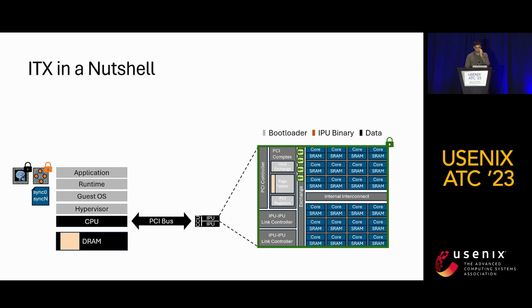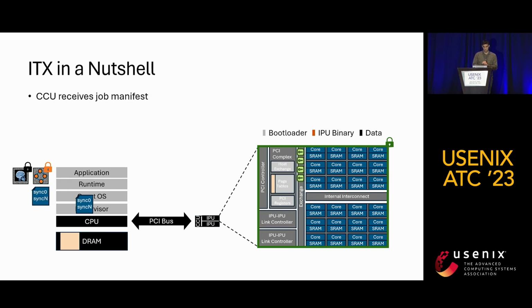All right. Now the natural question is, if you have a device that is in an isolated mode, how do you bootstrap execution? In order to bootstrap execution, you need to deploy the encryption keys to decrypt the IPU binary and the data. But you also need a way to load the IPU binary, given that the host no longer has access to the IPU memory.